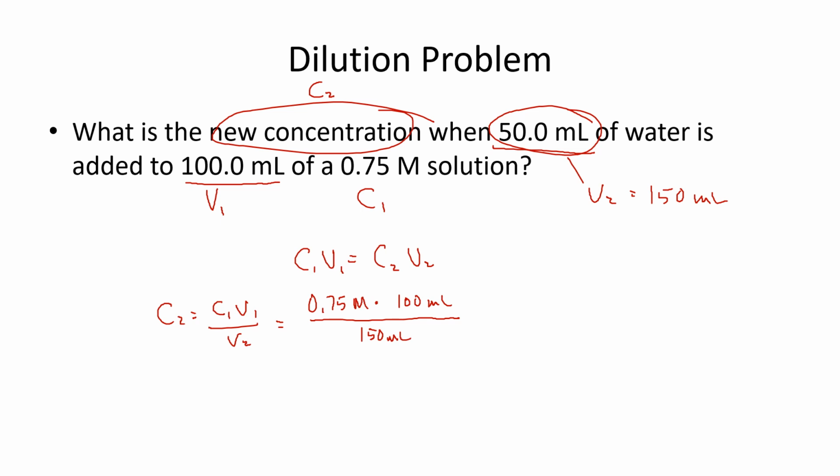I could have changed that into liters, but you see how they divide out, so it wouldn't matter because the units just cancel anyway. 0.75 times 100 divided by 150 equals 0.5 moles per liter. That's our new concentration.